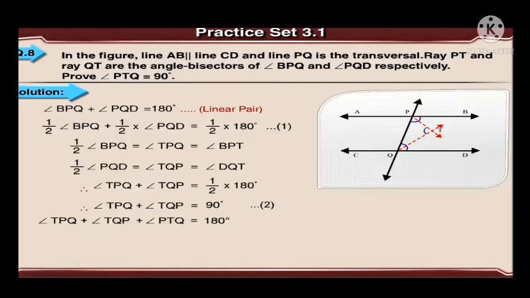But from statement 2, we have angle TPQ plus angle TQP is equal to 90 degrees. Therefore, 90 degrees plus angle PTQ is equal to 180 degrees, which means angle PTQ is equal to 180 minus 90 degrees. Therefore, angle PTQ is equal to 90 degrees. Hence, proved.